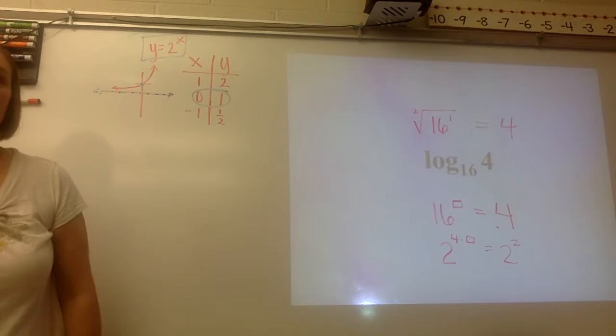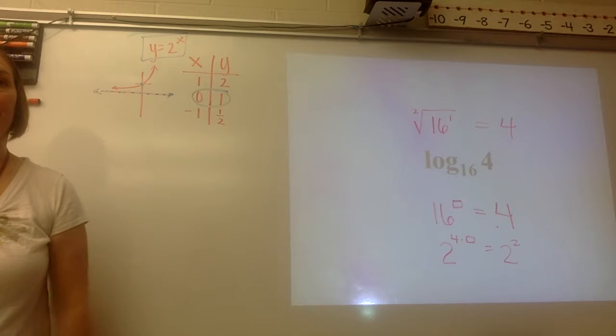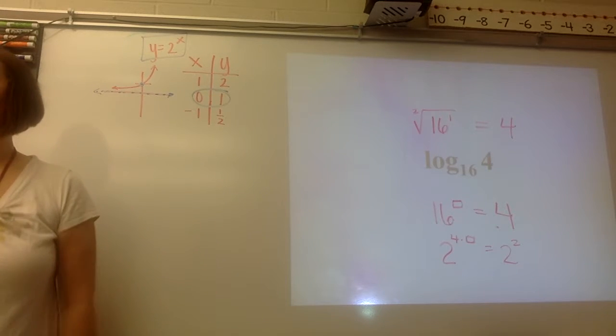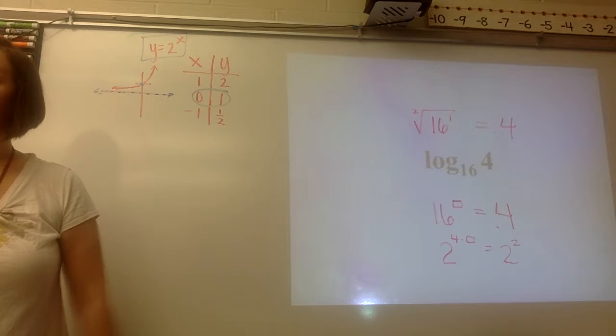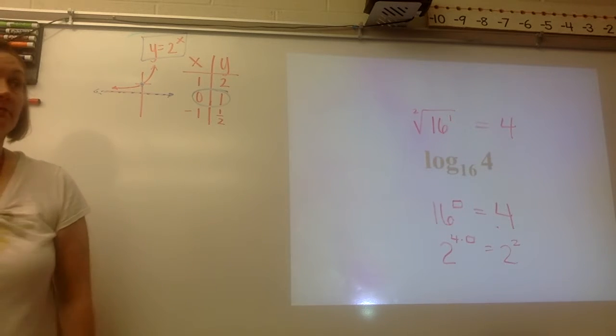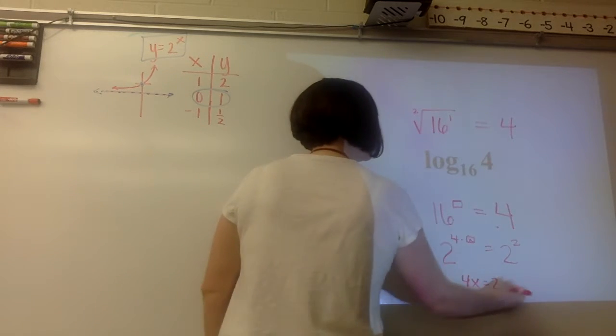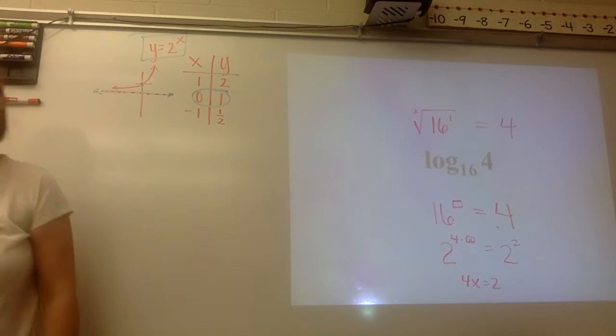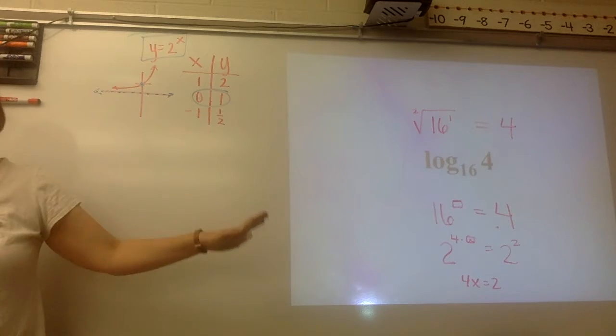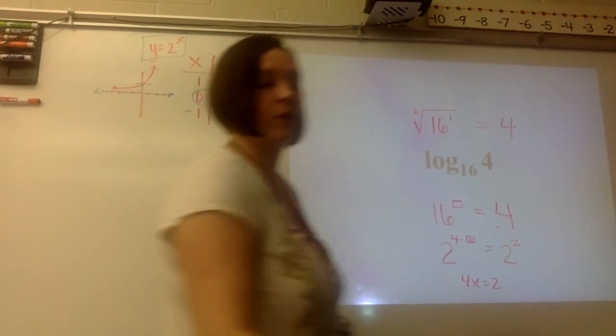You see how I also can generate 1/2 from that? If the bases are the same, the exponents have to be the same. Like instead of this, if I call it x, 4x is equal to 2. x is 1/2. Another alternate method, we'll get to this later when we get to some more equation solving.